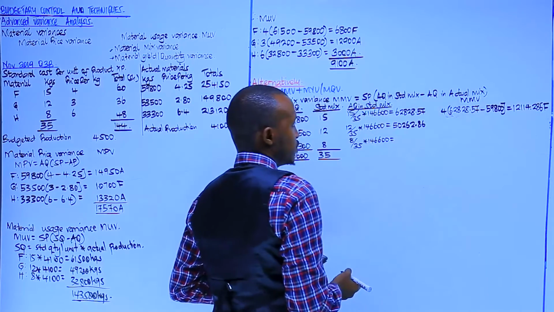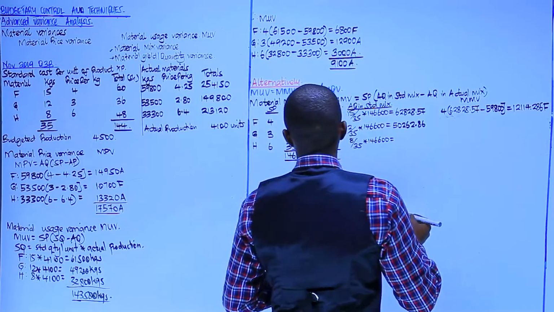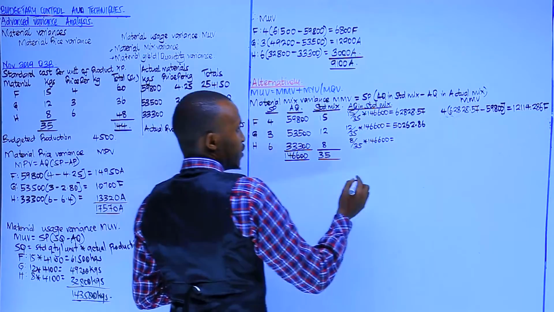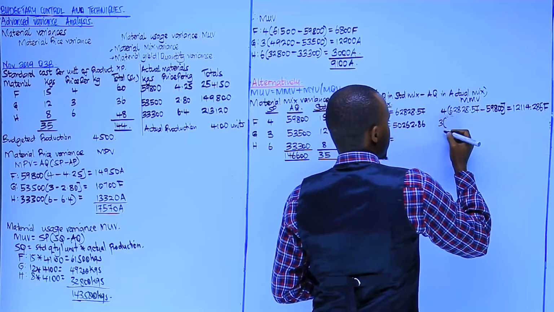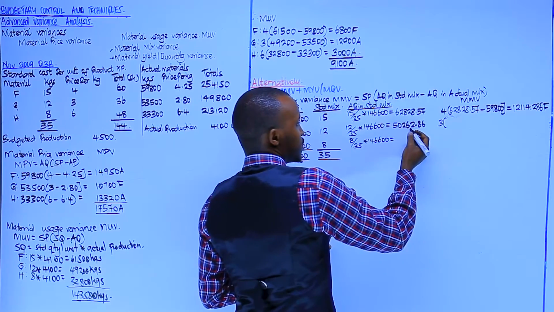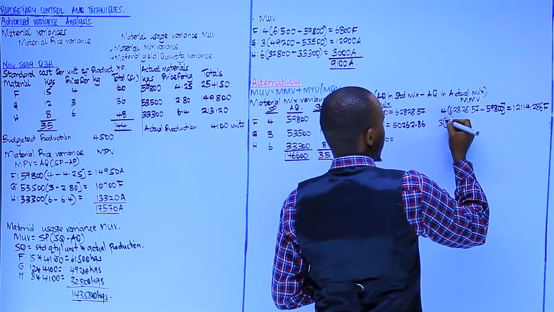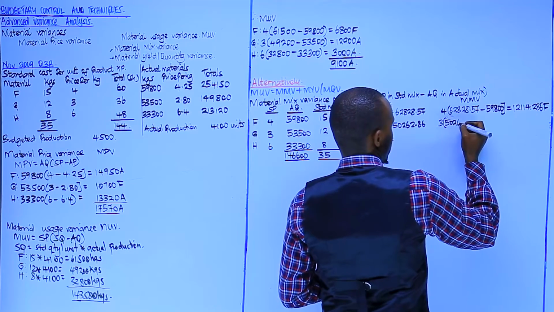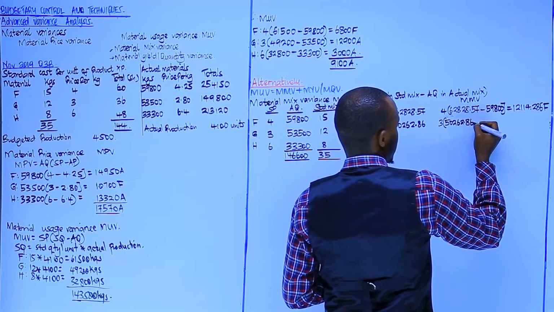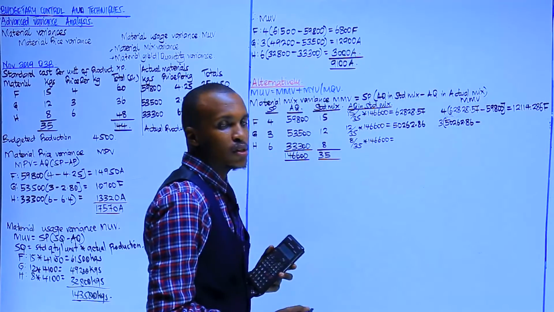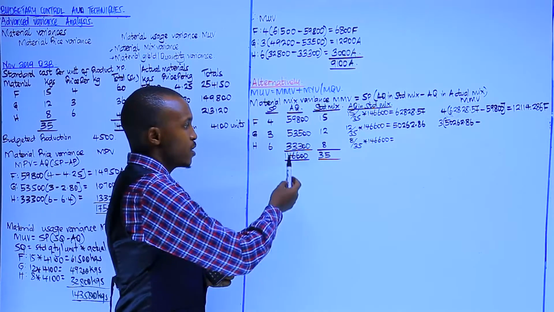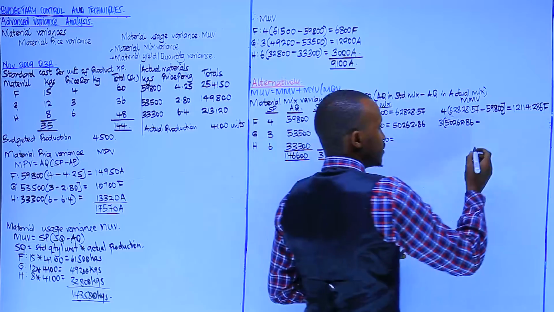For G, the actual quantity in standard mix is 50,262.86. Your standard price is 3. Actual quantity in standard mix 50,262.86 minus your actual quantity in actual mix 53,500.